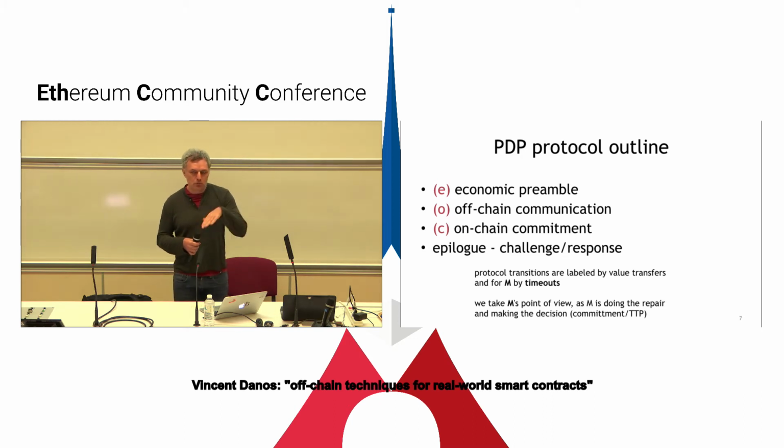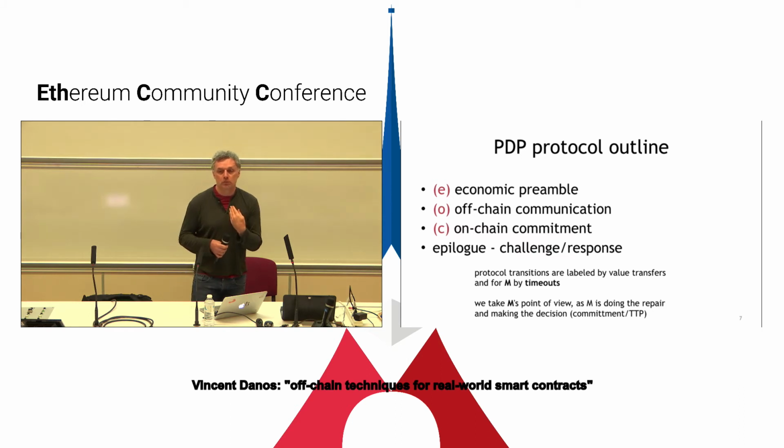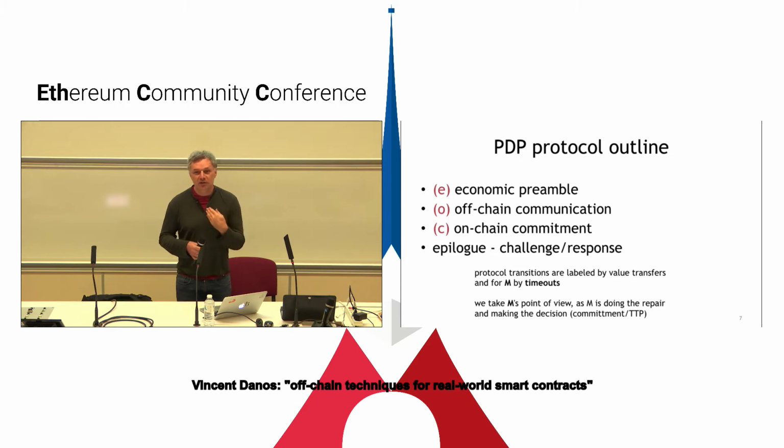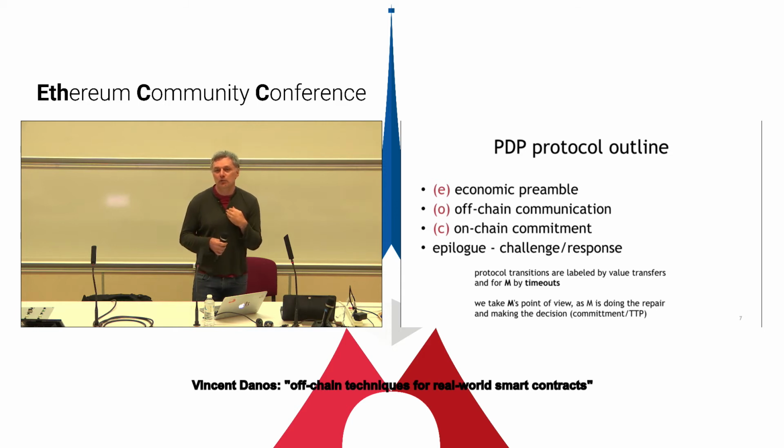Mostly we look at the protocol from the point of view of the smart contract, because the smart contract is calling the shots, making the decisions, validating challenges or not. It's also a good way to think about the problem from the proof point of view, because the mother contract does not see what's off-chain. So you must not assume that something that should happen off-chain has happened off-chain.